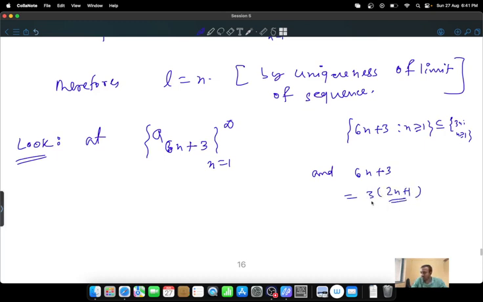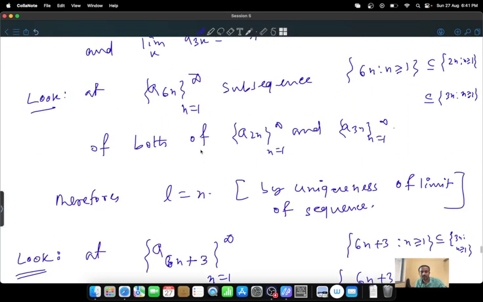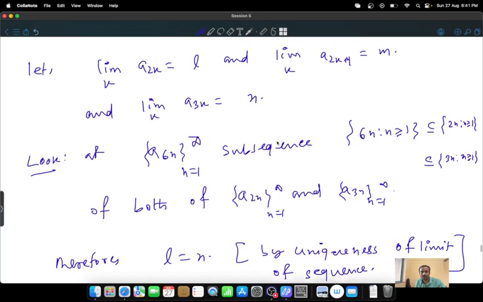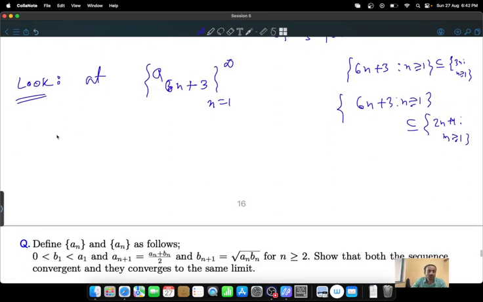This quantity is odd. If you multiply two odd numbers, it is still always odd, so it never gets even. So in particular, basically what I have got is that A6n plus 3 is a subsequence of the sequence A2k plus 1 and A3k.